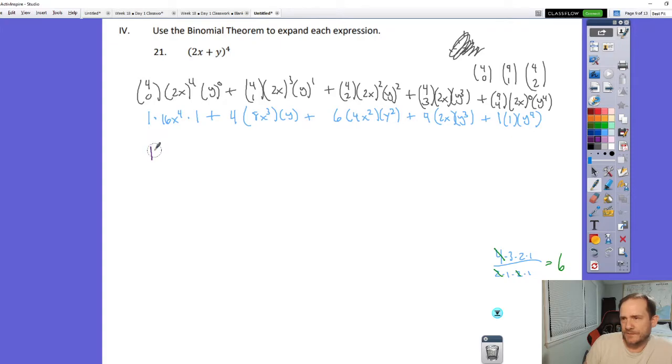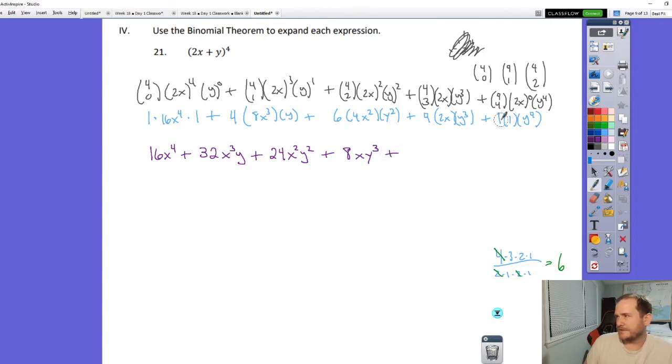Our first term will be 16x to the 4th. We'll add to that 32x cubed y. We'll add to that 24x squared y squared. We'll add to that 8xy cubed.